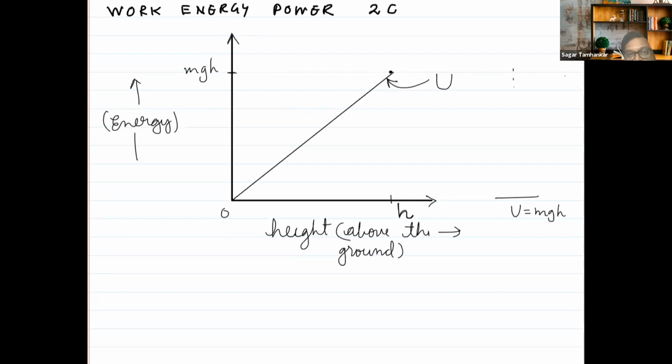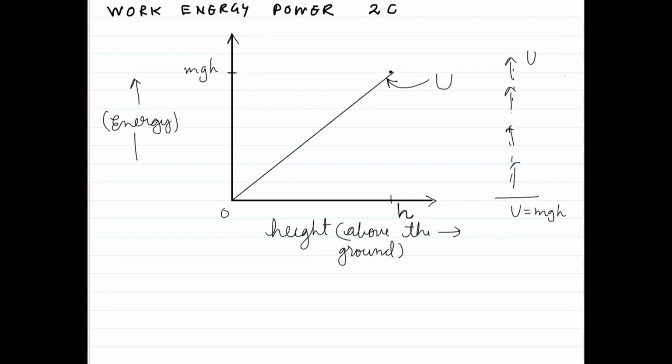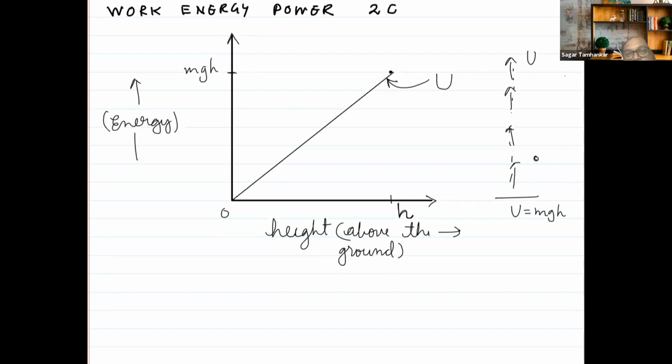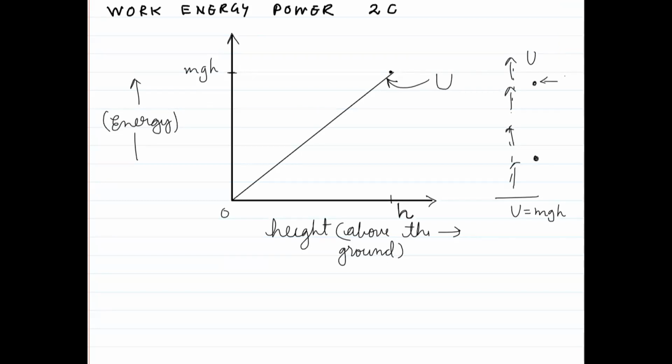So as you go to a higher height, what increases? Potential energy, because h increases. Do you follow this now, Naisha? Yes, sir. Okay, so at this point and this point, here you have a higher potential energy.